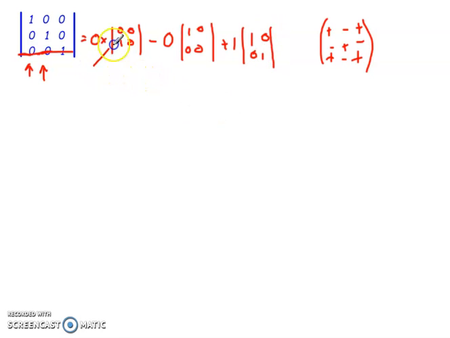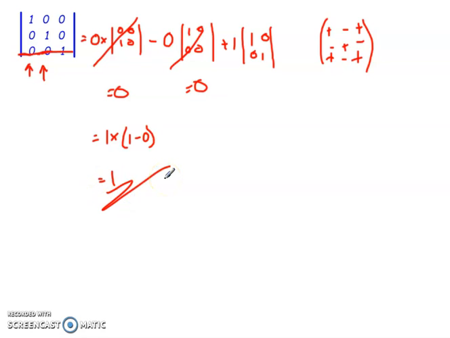Now, good thing, this and this, they're both equal to 0, which is nice. I've then got this here, so I'm going to get 1 times 1 minus 0. So 1 times 1 minus 0 is 1. So the determinant of my identity matrix for a 3x3 system is just 1.